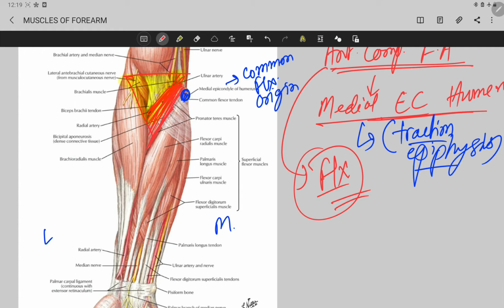Then it crosses the forearm laterally and attaches on the radius.